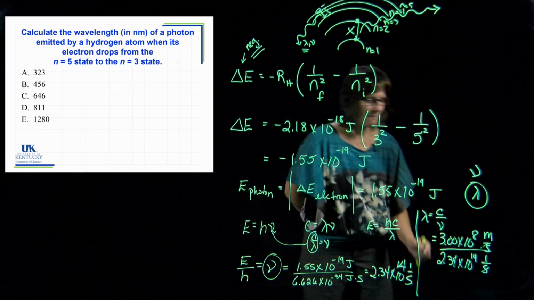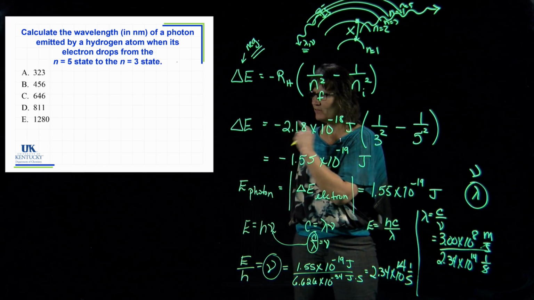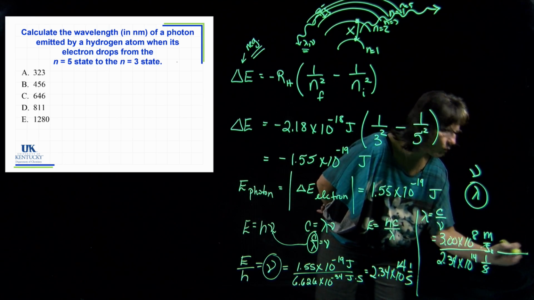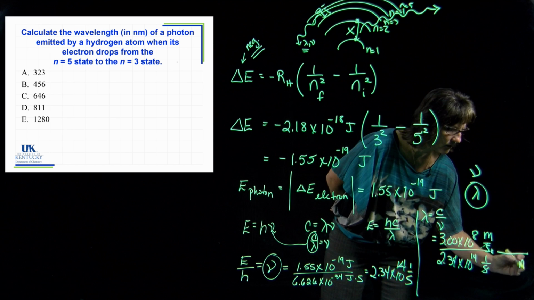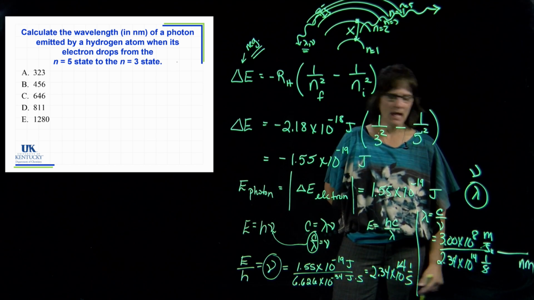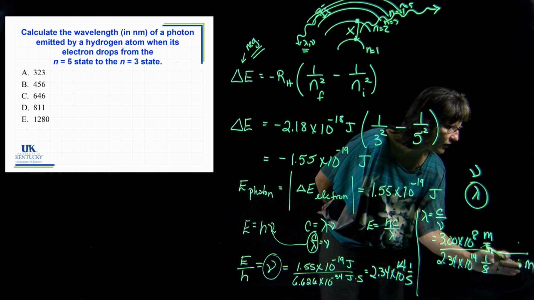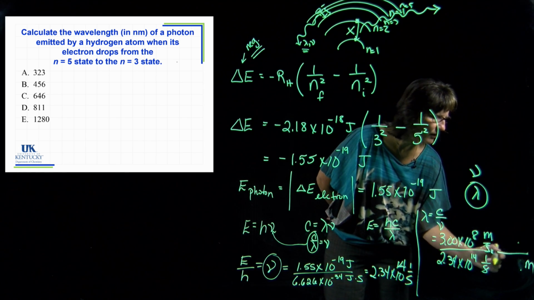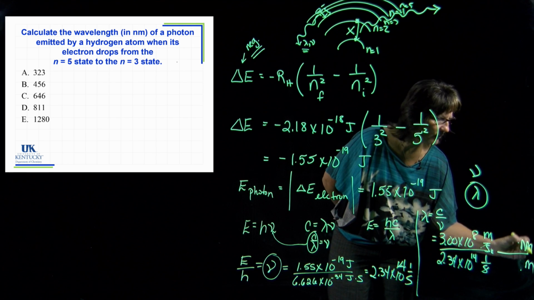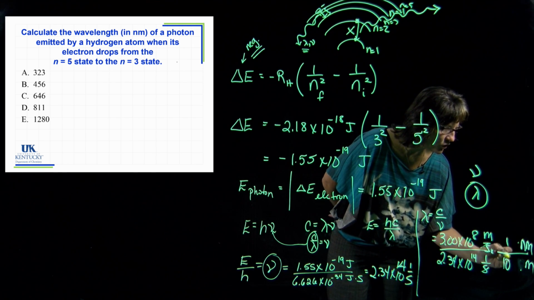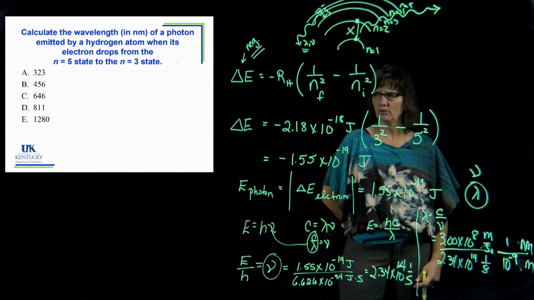That'll give it to me in meters, but this is asking for it in nanometers. So I don't want meters, I do want nanometers. Cancel my meters. 1 nanometer is 10 to the minus 9 meters.